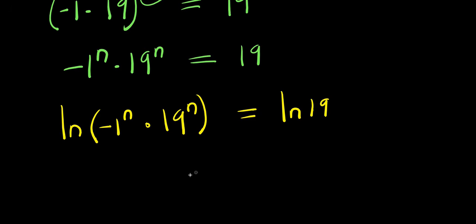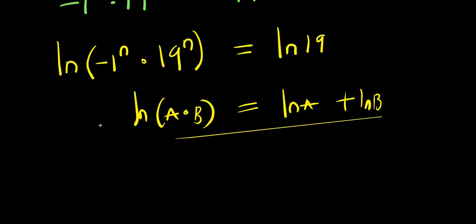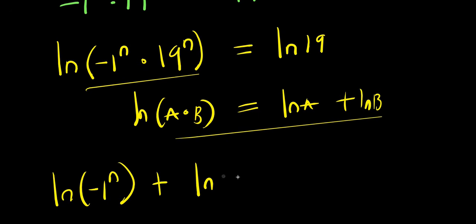Now, if you have natural log of a times b, this equals natural log of a plus natural log of b. So, applying that here, we have natural log of negative 1 power n plus natural log of 19 power n equals natural log of 19.